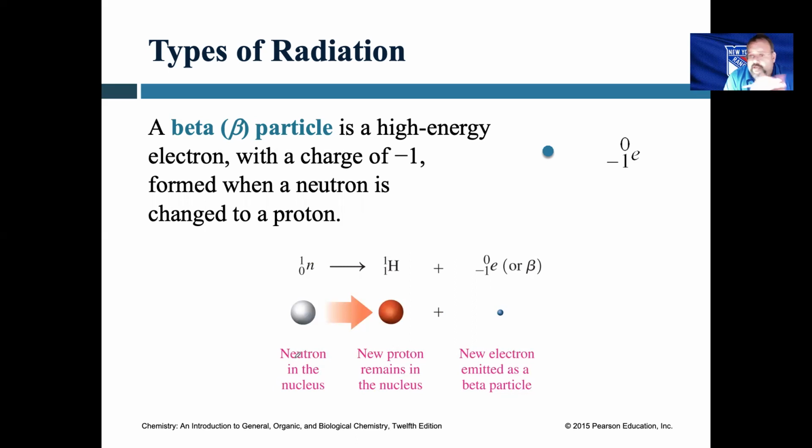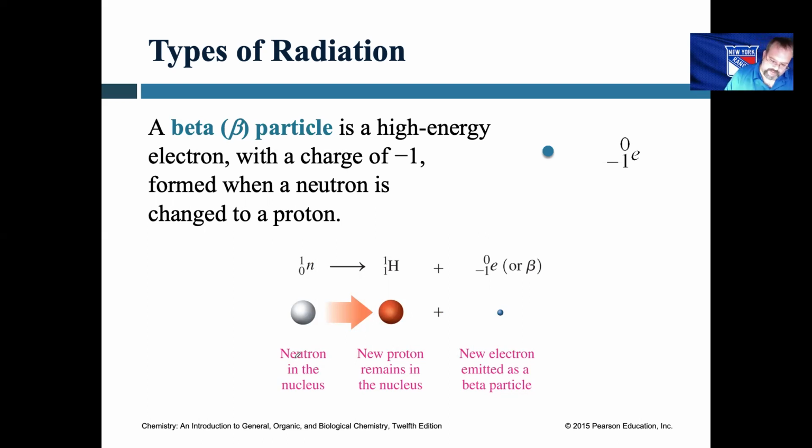Or what does an electron have to do with it? Well, what happens here is that a neutron is changed into a proton. That's the change going on inside the nucleus when a beta particle is released. When that occurs, what's released from the nucleus is an electron.